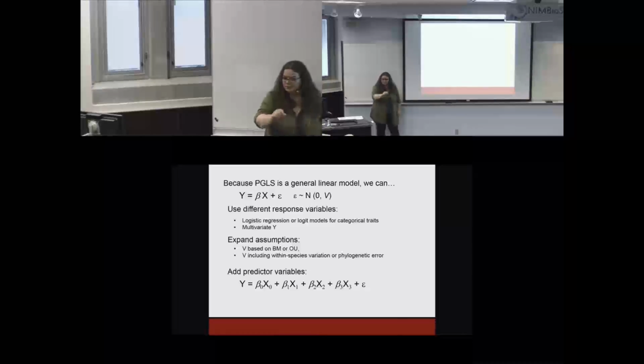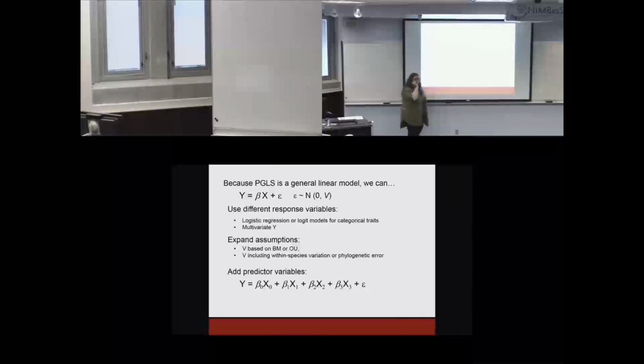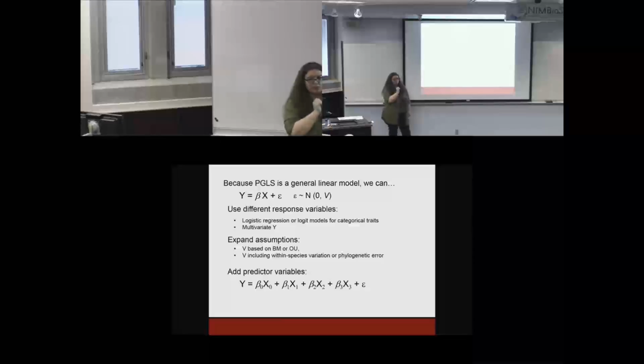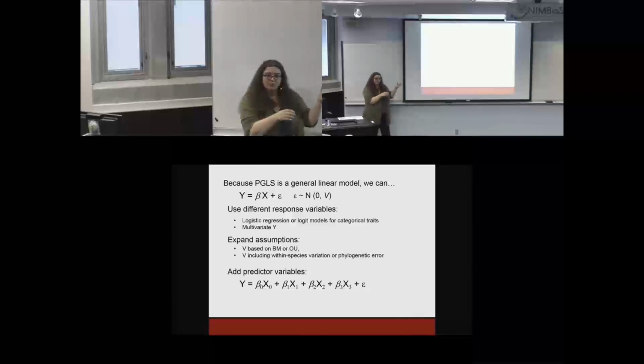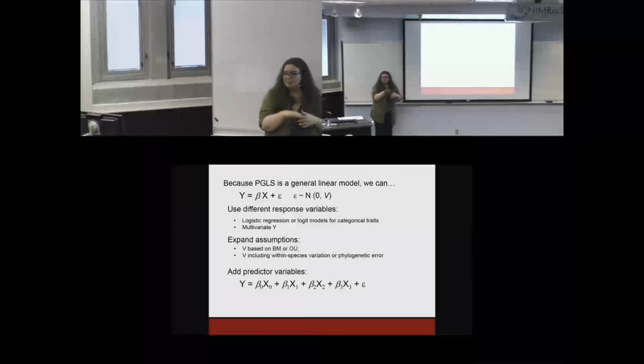We should be making a list of things that we can bring up in the discussion later on. But there are people who have been doing all sorts of things, including what you just suggested, looking at genes as the tips in different ways. I like to, again, separate out in my head the difference between the statistics and the evolution. So the statistics is very unlimited. You can do almost anything with these, right? It's the evolution that changes depending on what you do. So I think when you have genes as tips, you have to think through it differently.